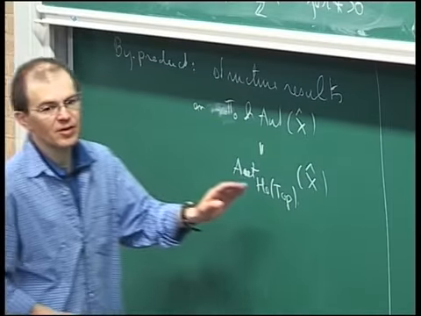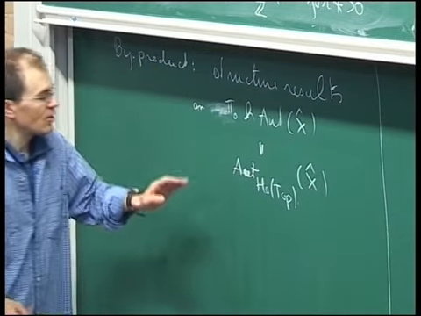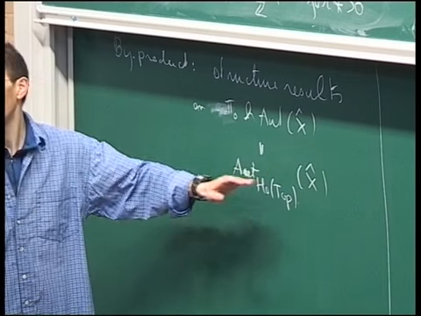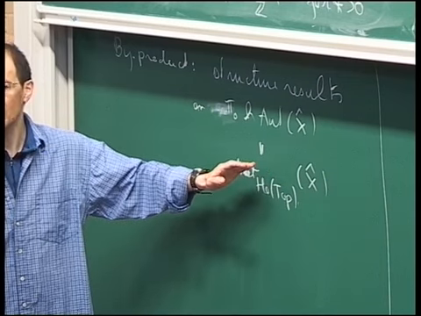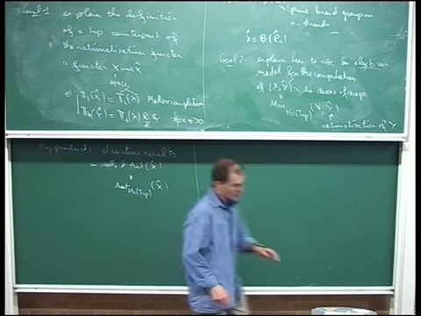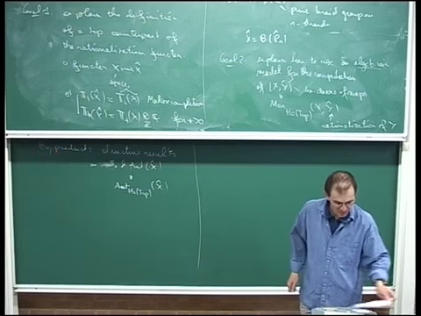So the structural result says that mainly this group of homotopy classes of self-homotopy equivalences differs from the automorphism group of the cohomology by a unipotent group. So that's the point which I would like to explain at the end.